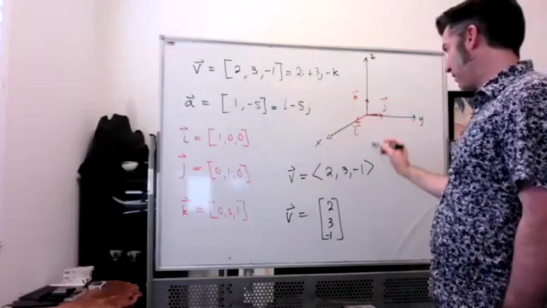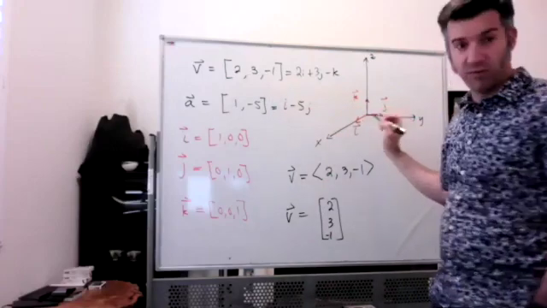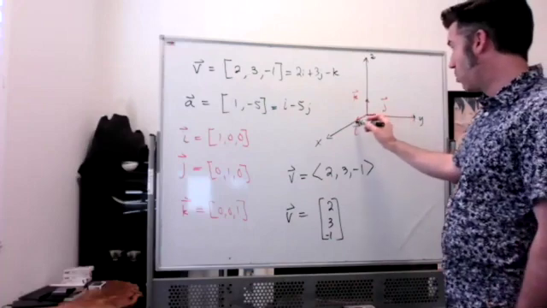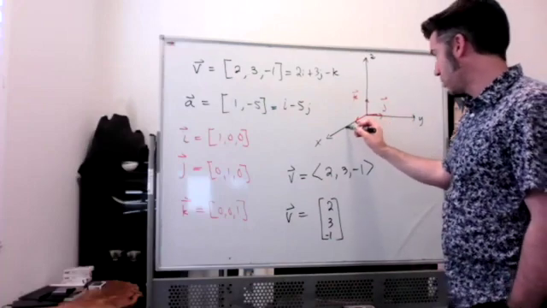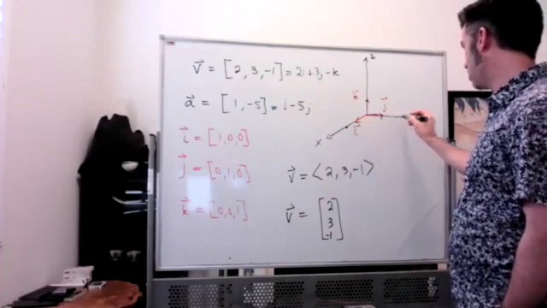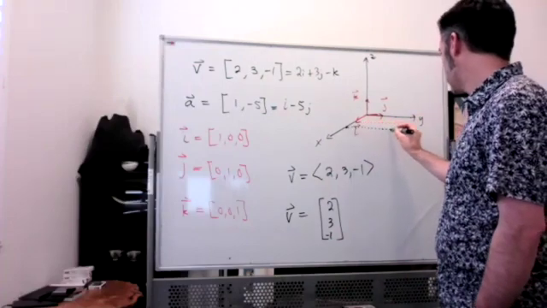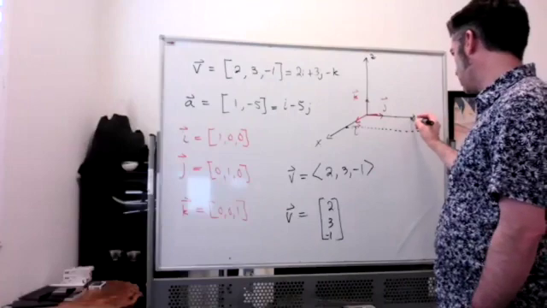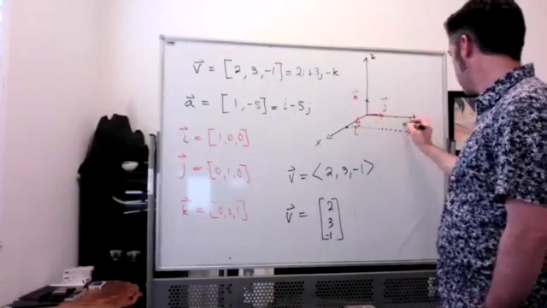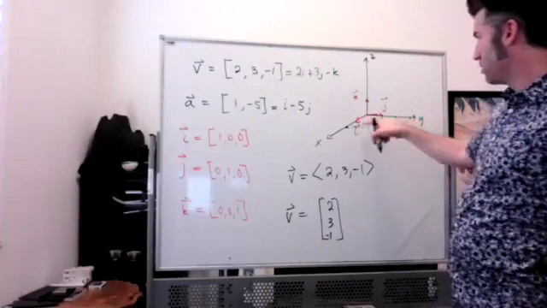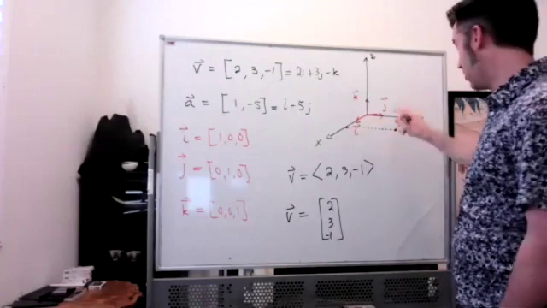So I could probably draw this. I'm going to go 1, 2 in the x direction, 1, 2, 3 in the y direction. But my lines are not very straight these days. So there's the point 2, 3, 0, and then we go down 1.